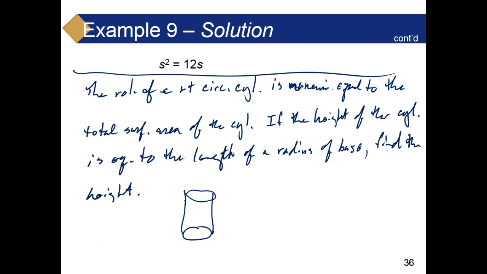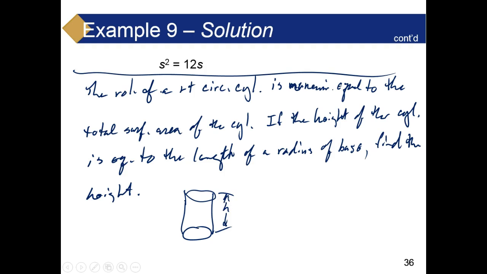Now let's take the second part: if the height of the cylinder is equal to the length of the radius of the base, find the height. What is the height? How tall the can is. So this is the height.